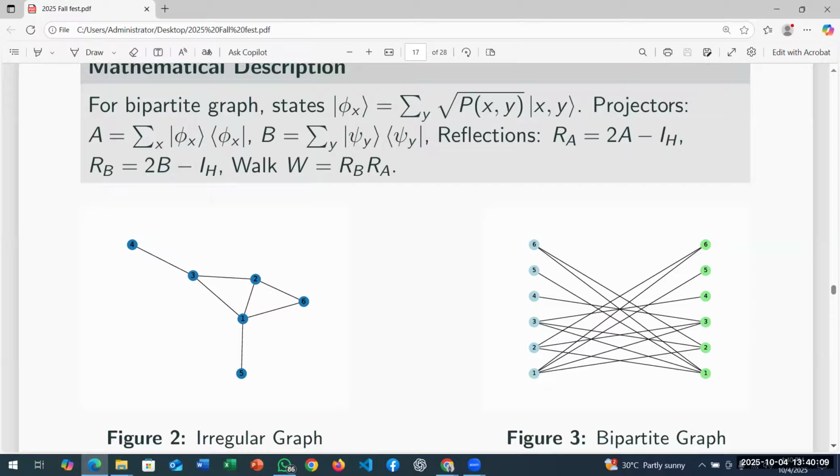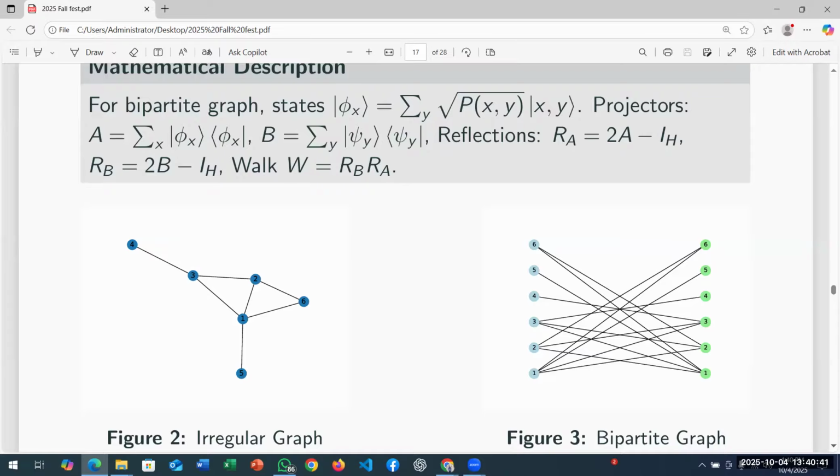So after that, I will need reflections. Reflection RA is now giving us 2A minus the identity of the Hilbert space. You shouldn't forget that this will be unitary, the identity of the Hilbert space. The same thing is applicable to B. I will need the reflection for the B counterpart, which is representing Y, the nodes under Y. Then I will now find my walk evolution.